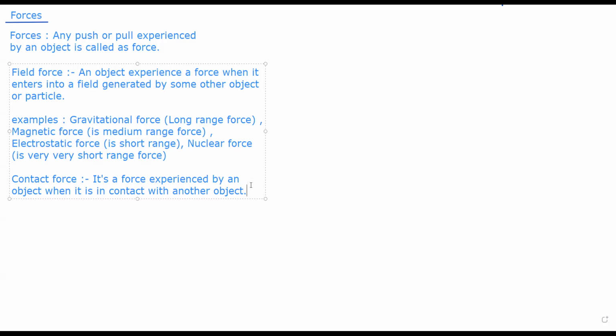absorb this information. So, contact force, the very first contact force which we deal with is reaction force.